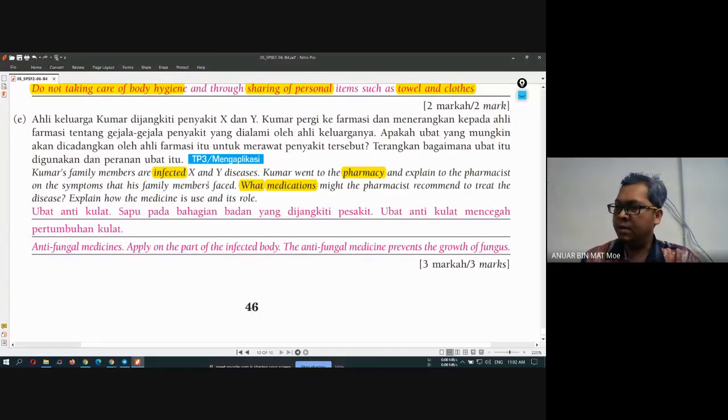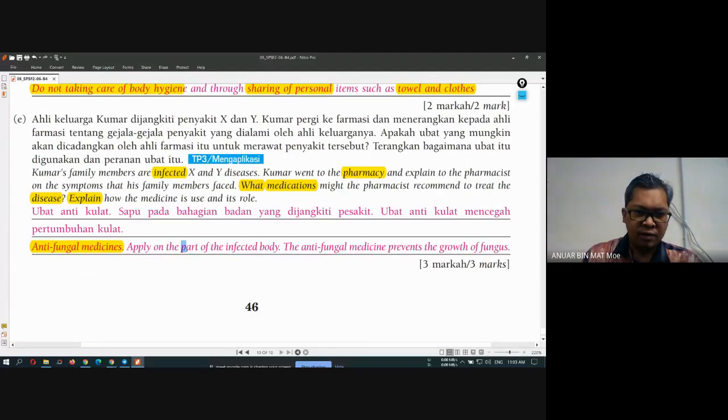Kumar said his family members are infected with these 2 diseases, and then he went to the pharmacy to buy the medication. So the question: what are the medications recommended to treat the disease? Explain. Give the name of the drug, the name of the medicine, and then explain. So answer number 1, antifungal medicine.